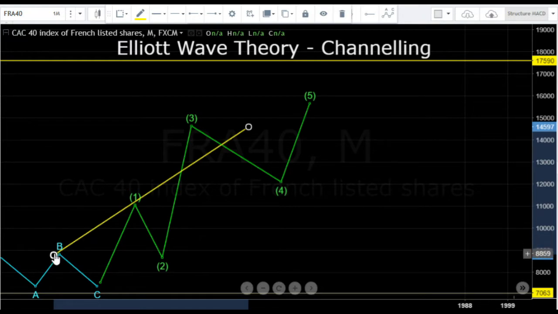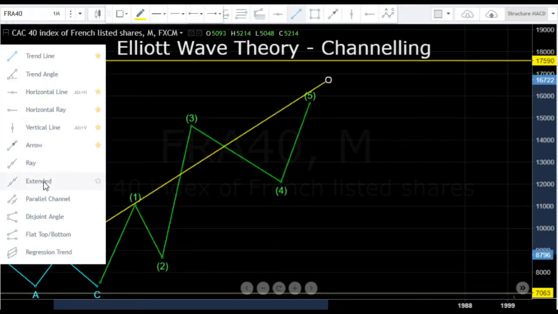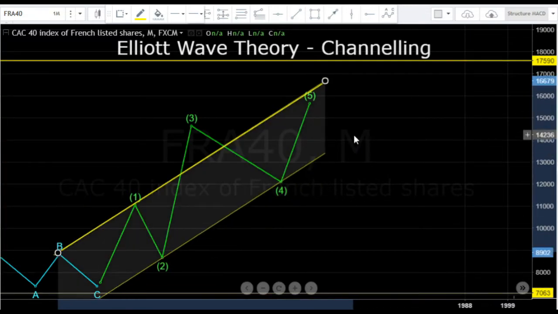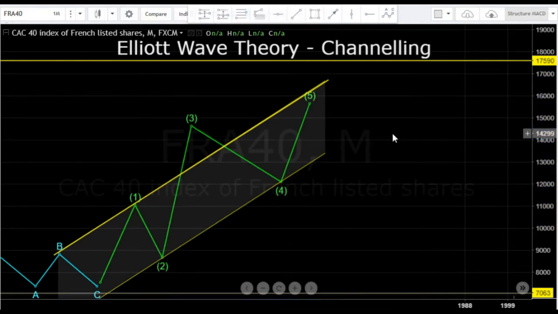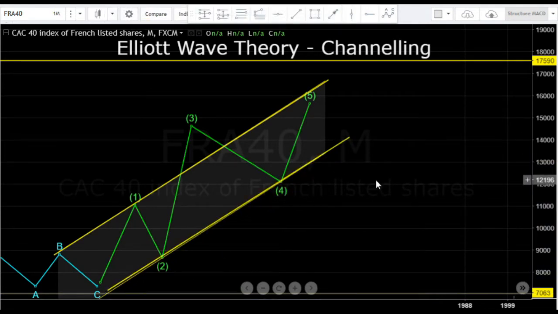So now we extend it up and we put our parallel lines in. And we connect our parallel to the bottom of 2, and it gives us a better idea of what the channel is, what the trend is.